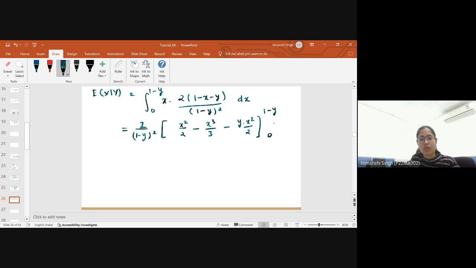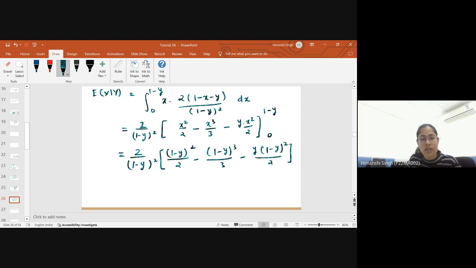The lower limit will be 0, of course, so we are just considering the upper limit, 1 minus y. Putting it here: 1 minus y whole square by 2 minus 1 minus y whole cube by 3 minus y into 1 minus y whole square by 2.